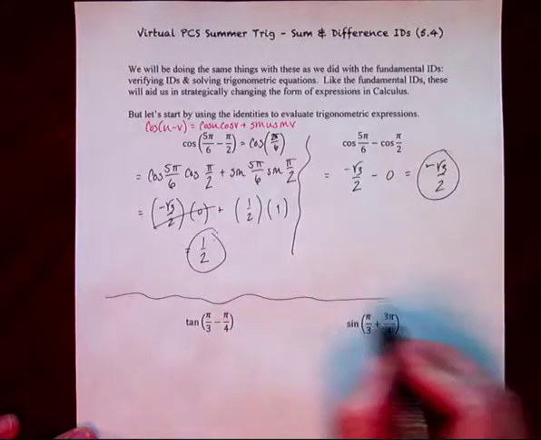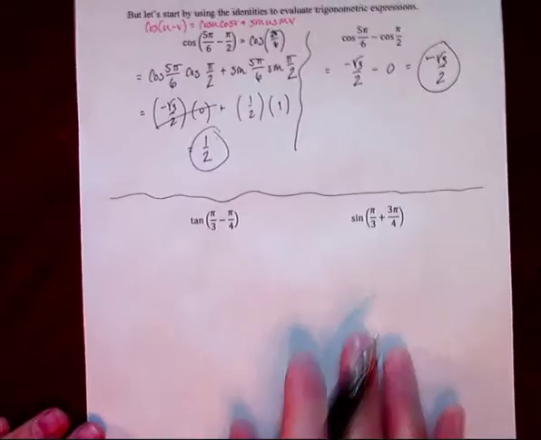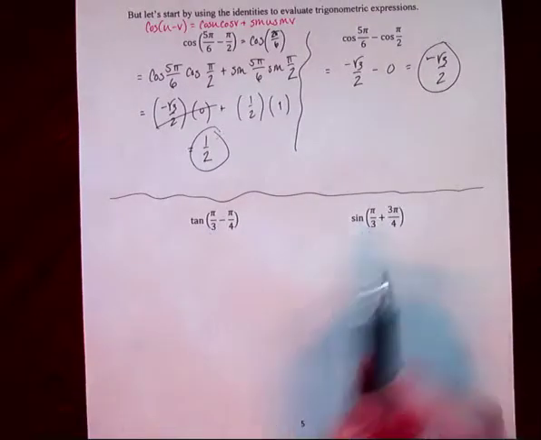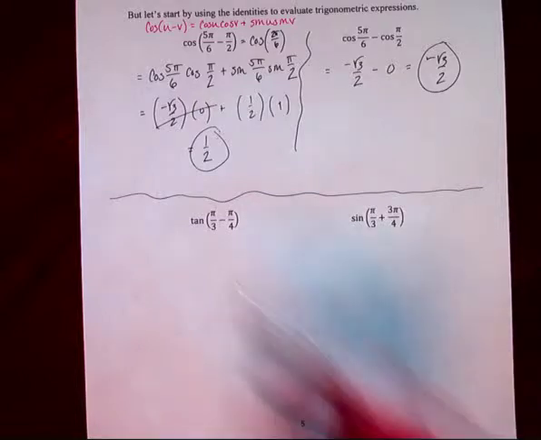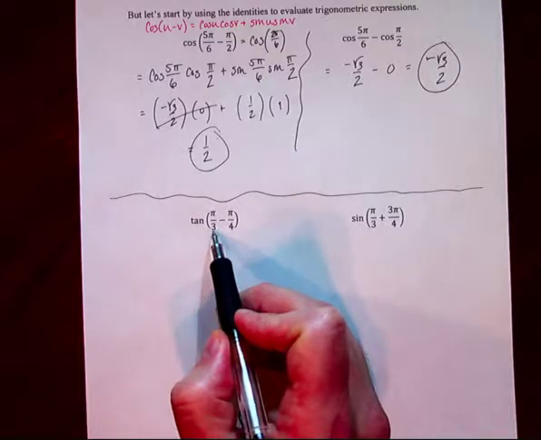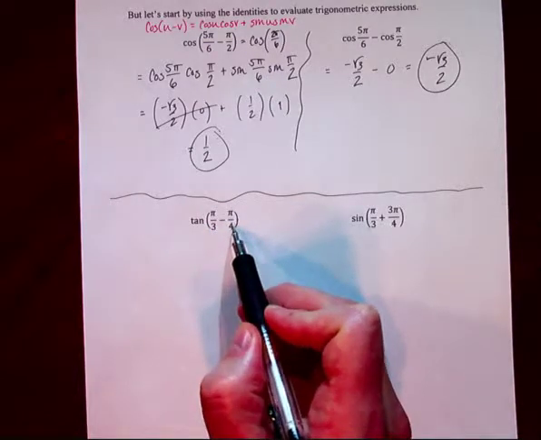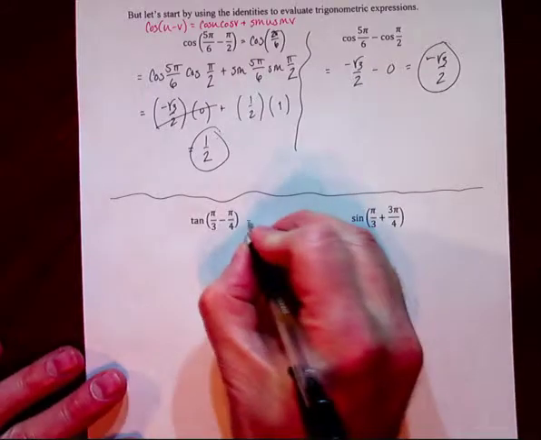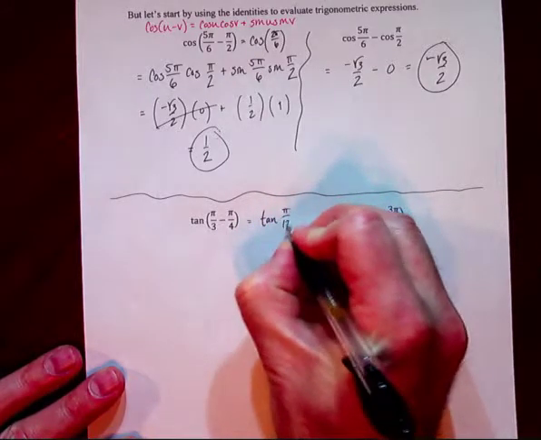On this one down here, I've simply given you a tangent and a sine with different ways of representing values that, unlike the one above, are probably not unit circle values. Now, pi over 3 is 4 pi over 12. Pi over 4 is 3 pi over 12. So really what you're getting here is tangent of pi over 12.